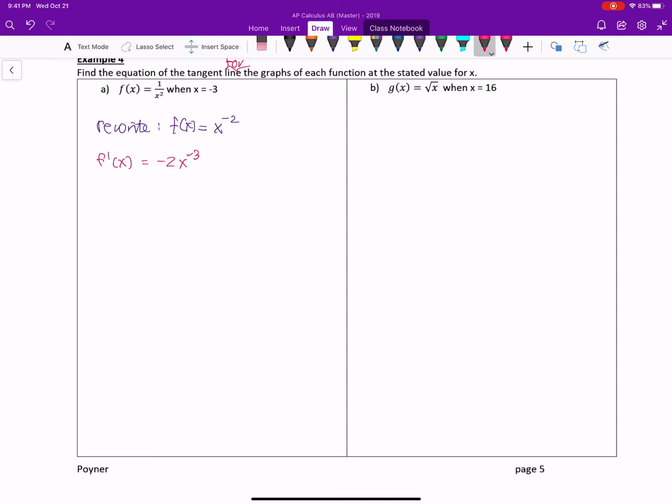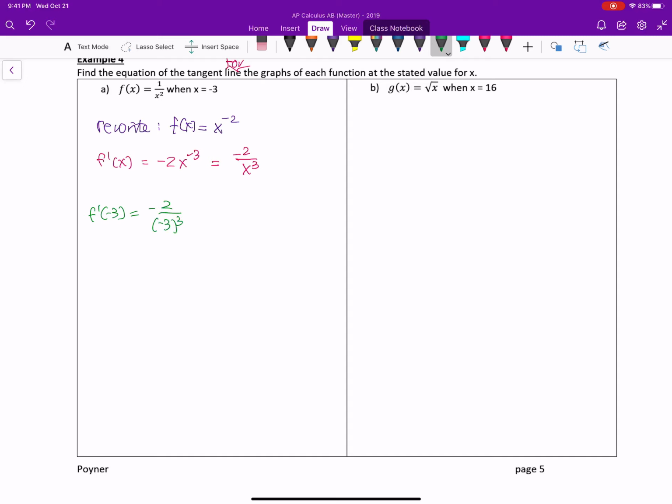And for my purposes, it might be easier just rewriting that as a rational expression instead. So now I have to find out at x is negative 3. Okay, so moving on, f prime at negative 3 is equal to negative 2 over negative 3 cubed.